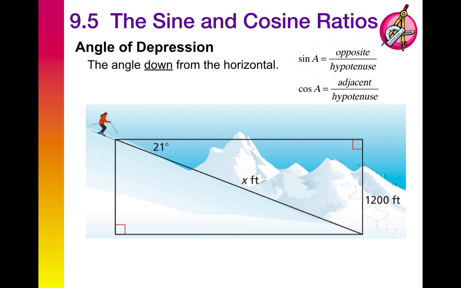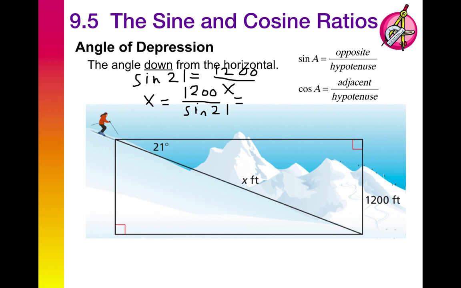So the sine of 21 is equal to the opposite, which is 1200, divided by the hypotenuse, x. If I cross multiply, divide each side by sine of 21 and multiply each side by x, I get x is equal to 1200 divided by the sine of 21.